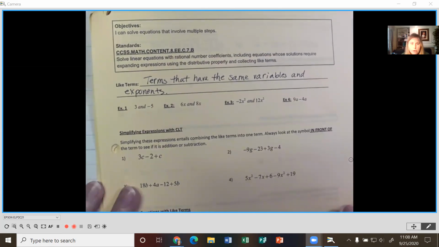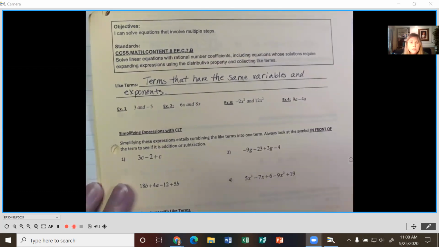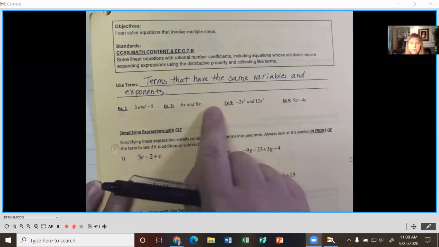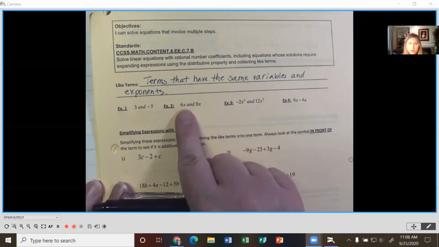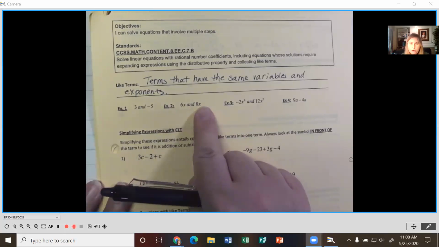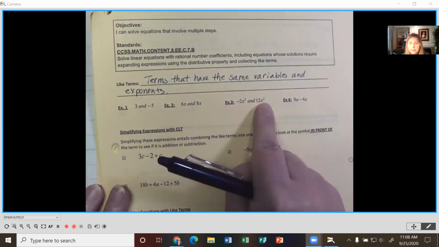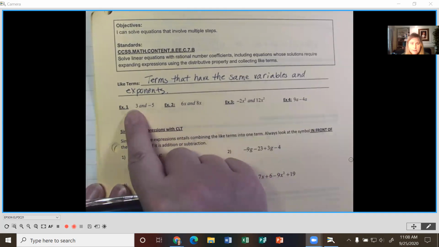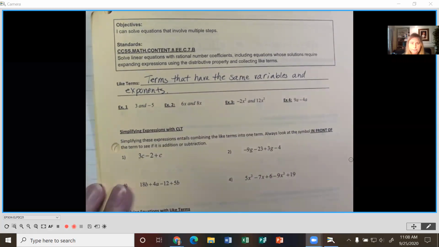So for example, 3 and -5, 6x and 7x, -2x squared and positive 12x squared, 9a and -4a. Notice that they are the same variable to the exact same power. So x to the first power, x to the first power, x to the second power, x to the second power, a to the first, a to the first. Constant, which is a number, and another constant.